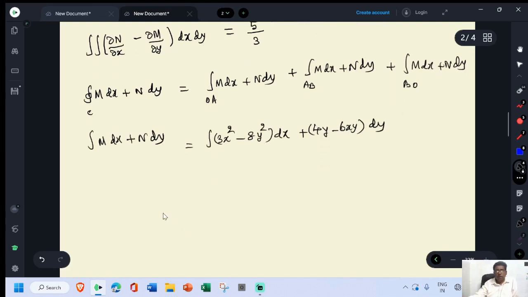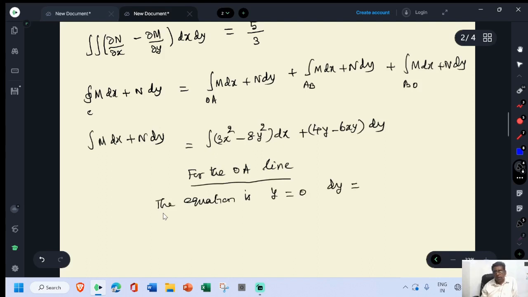Now, for the OA line, the equation is y equal to 0, then dy equal to 0.